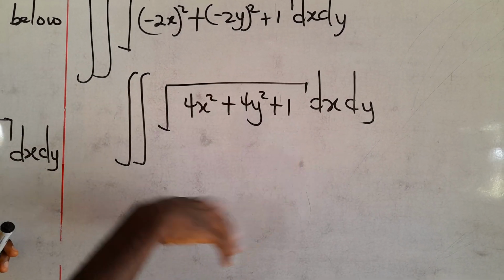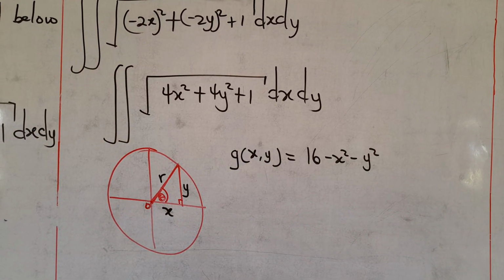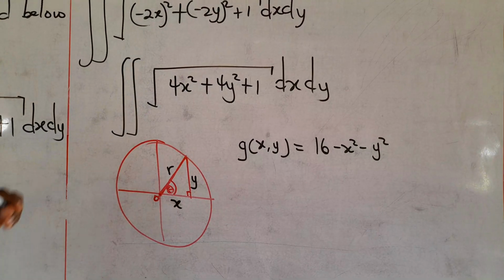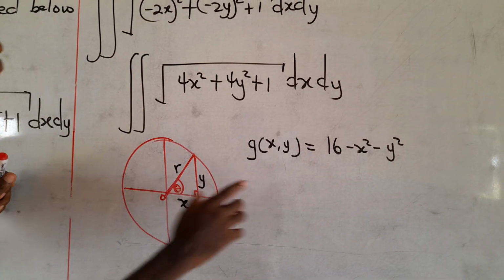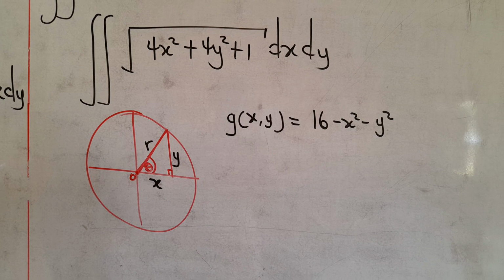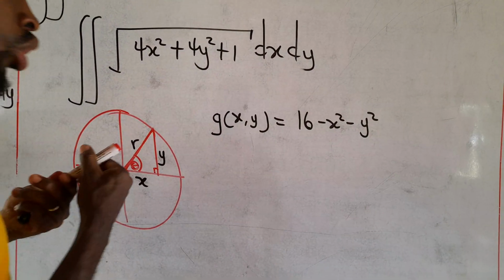So how do we switch to polar integration? Immediately identify that it involves polar integration. And remember, I drew this earlier on. So the g function becomes the equation of the circle. Very, very important. Immediately, you must equate that to 0.